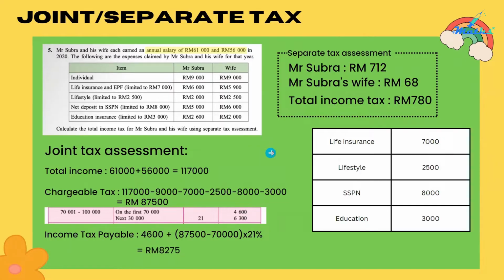So the answer should be 8,275. Sorry, 8,275. So we can see the difference here between the separate tax assessment and the joint tax assessment.